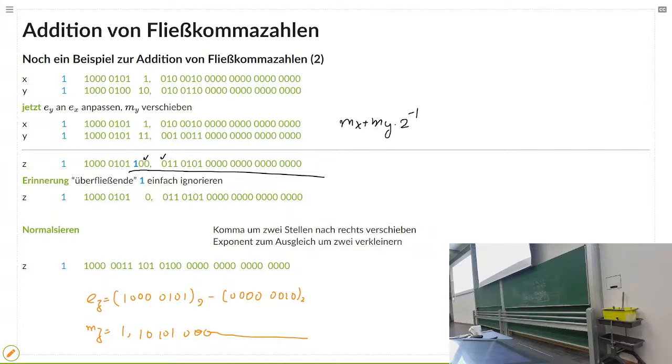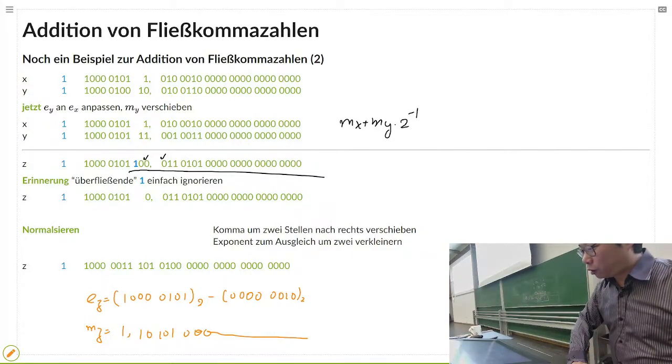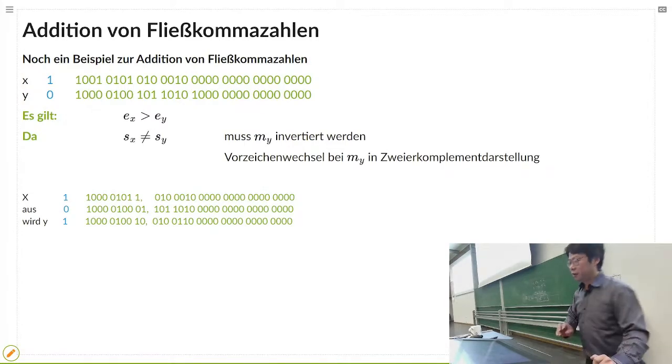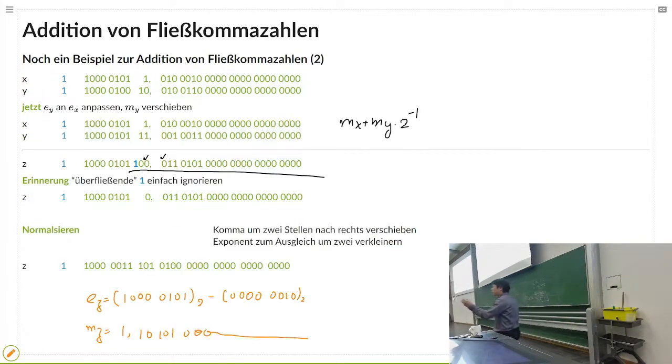EX is greater than EY. So the sign of X defines the sign bit of Z. So SZ is therefore 1. Okay? So EX is greater than EY.